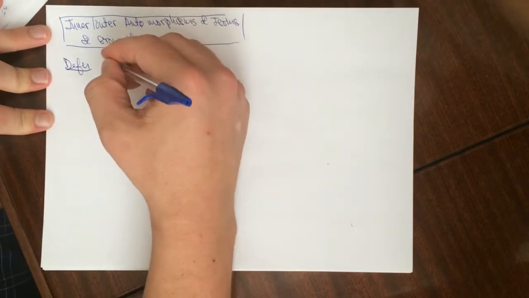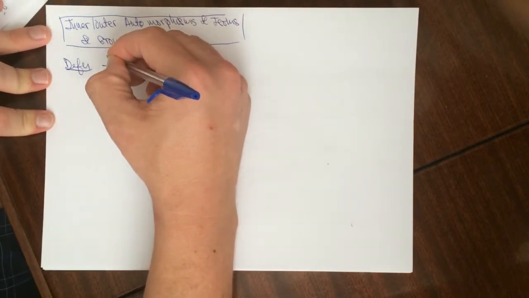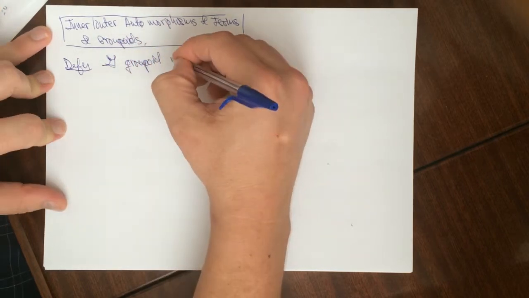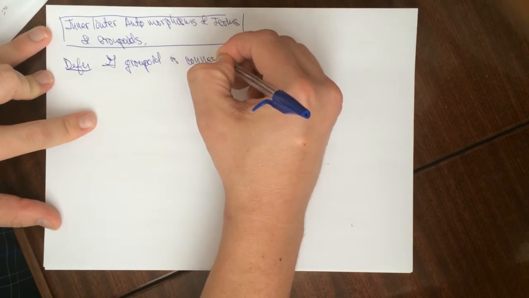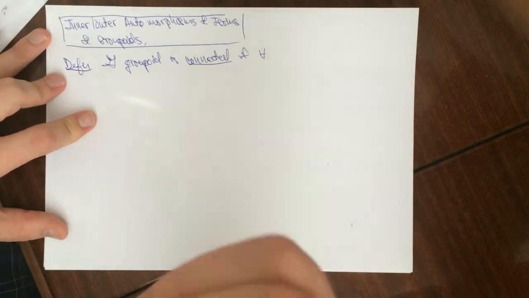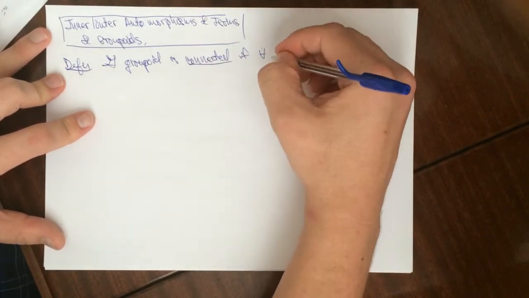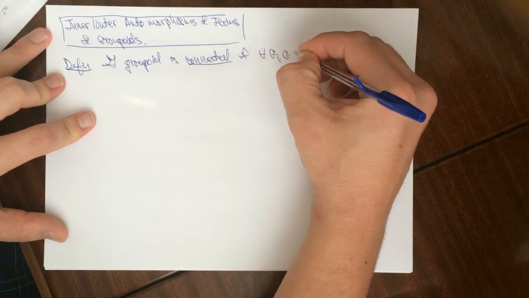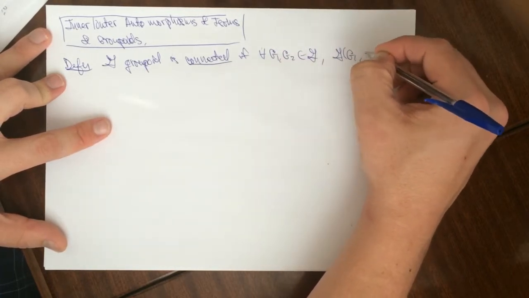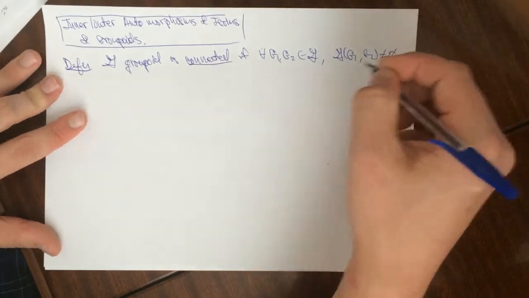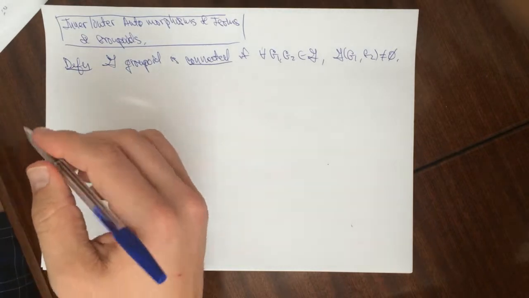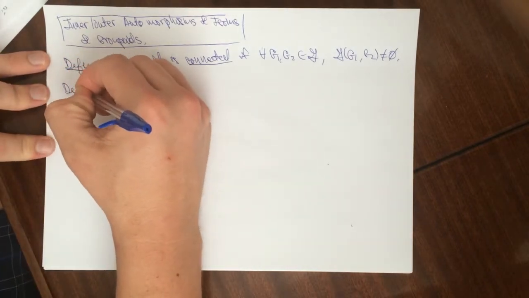Okay, so a connected groupoid, so let's say G is a groupoid, is connected if for all, let's say, G1, G2 in G, so every two objects of G, the Hom set from G1 to G2 is not empty. Okay, so this means that we can find maps for each of them. Okay, so let me give you a definition.